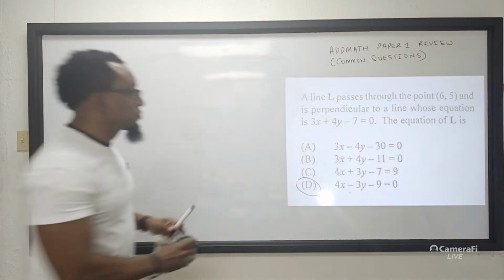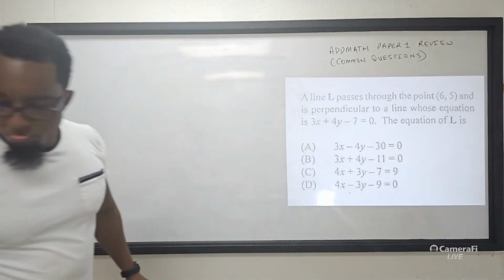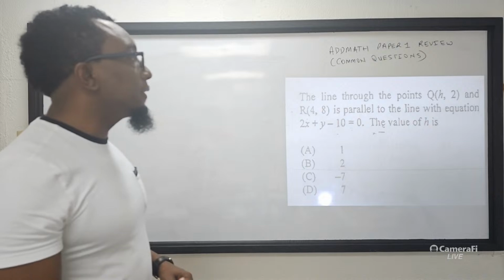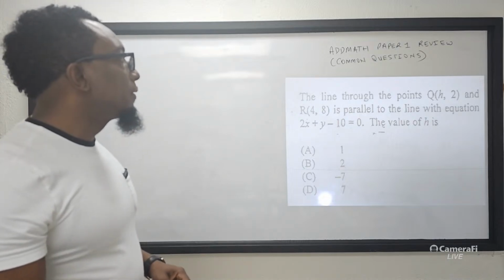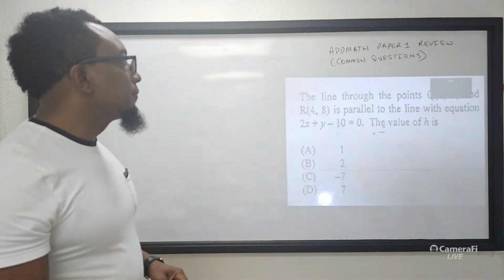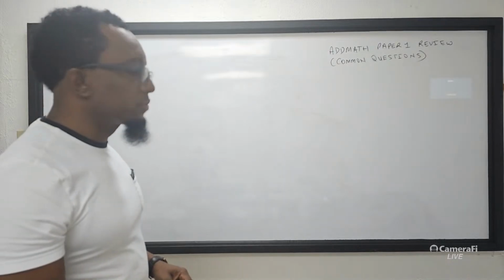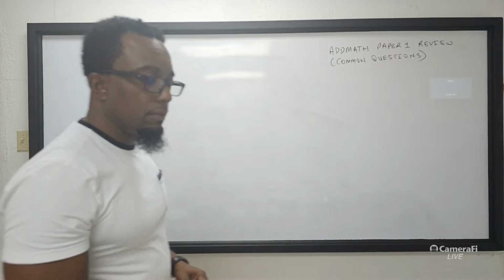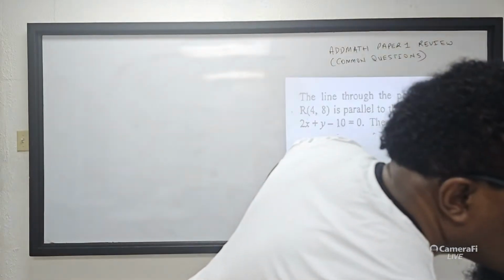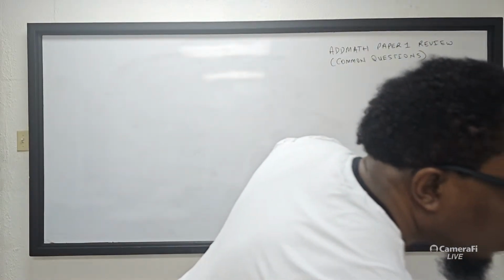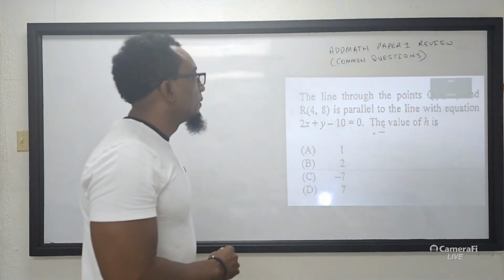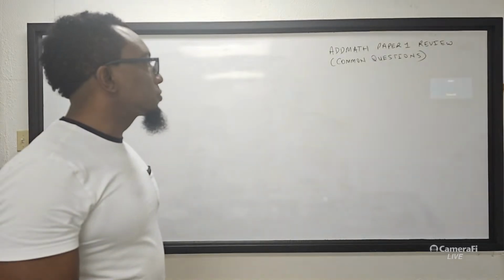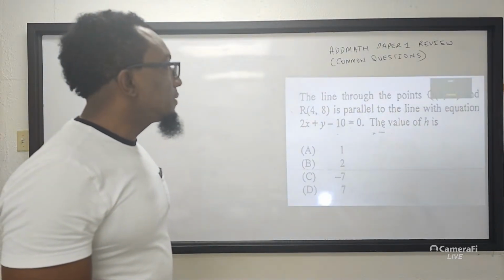So we have next the line through the point Q, h, 2, and R, 4, 6, is parallel to a line with equation 2x plus y minus 10 is equal to 0.